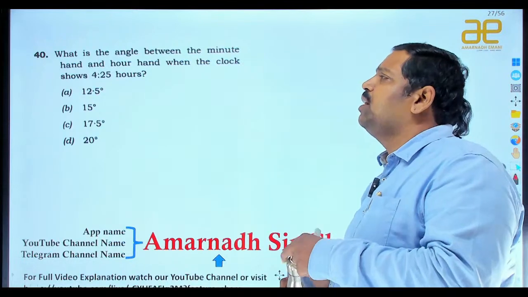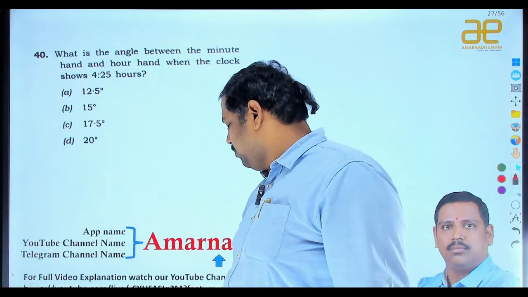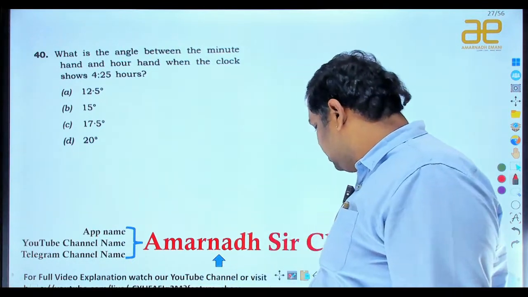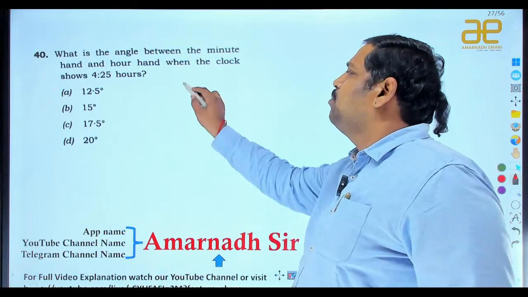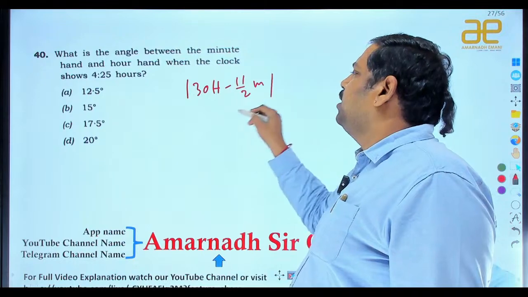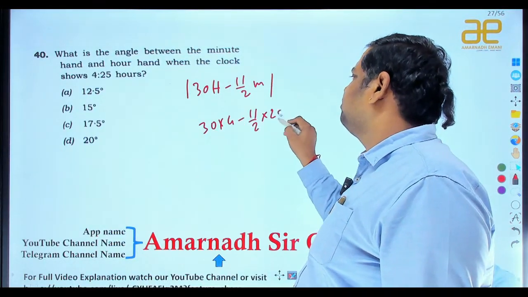What is the angle between the minute hand and hour hand when the clock shows 4:25? So directly he's asking our angle between the hour and minute hands, right? I can say modulus of 30h minus 11 by 2 m. 30 into h, which is 4, minus 11 by 2 into m, which is 25.